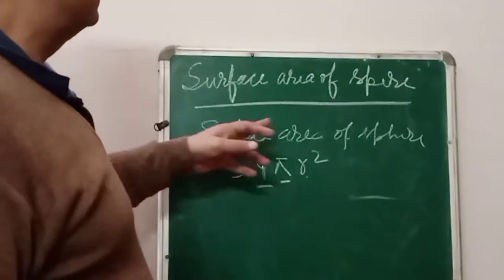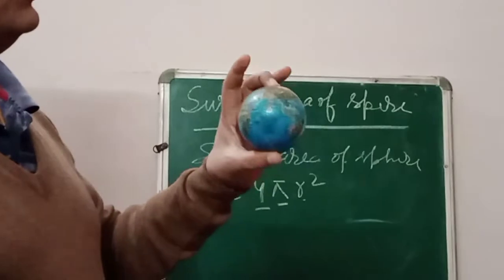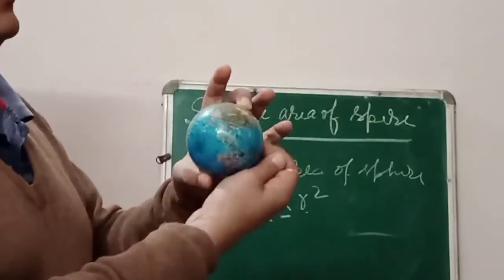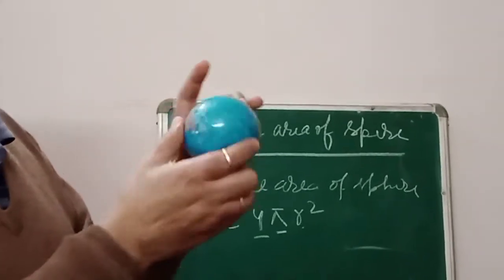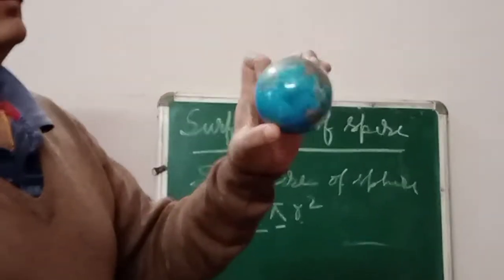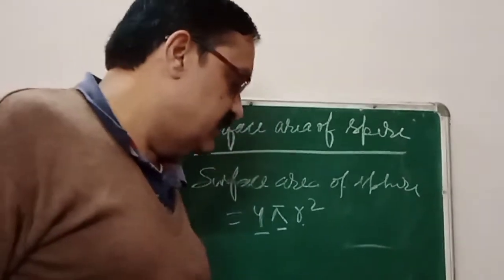In the case of a sphere, we are talking of surface area. This is the curved surface area only, because it has only a curved surface. So this is the surface area of a sphere.